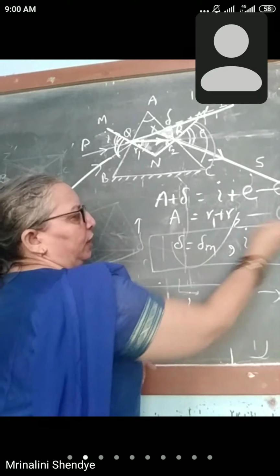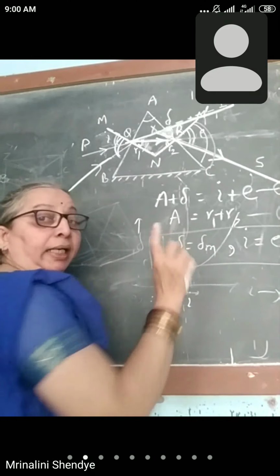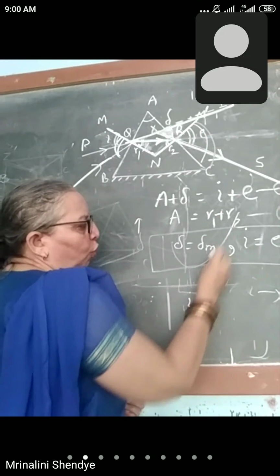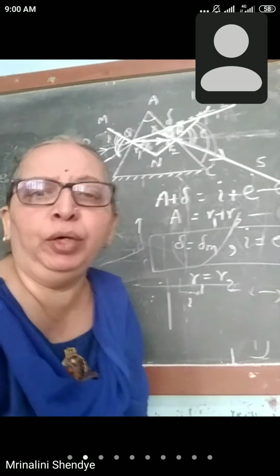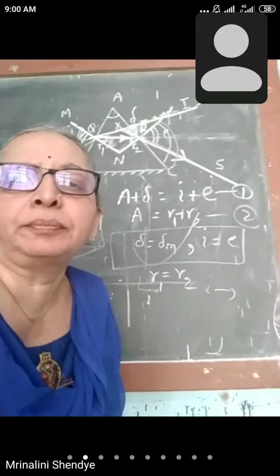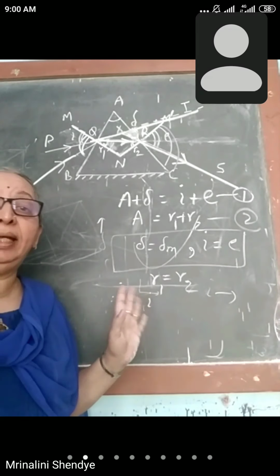So the condition is, when I is equal to E, it is proved R1 also becomes equal to R2. When the value of E equals I, then the values of R1 and R2 are also the same.